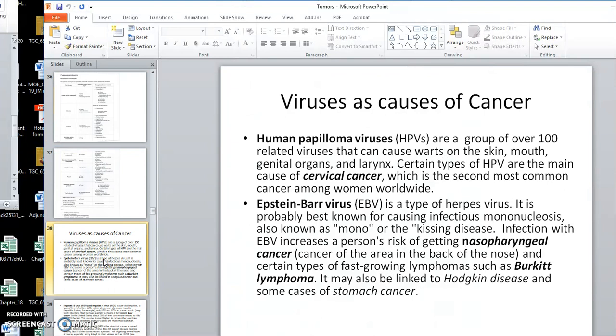Certain viruses. When you get into micro, you'll learn more, but a virus has to incorporate into your DNA. And if it happens to incorporate into one of those proto-oncogenes, think about it, it could cause a mutation of those proto-oncogenes or of a tumor suppressor gene.